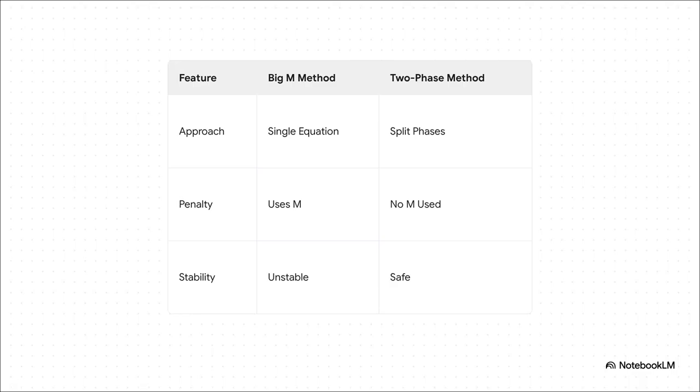Phase 1 focuses purely on the artificial, and Phase 2 focuses purely on the real. Now, what's really fascinating is that mathematically speaking, because these equivalencies are so incredibly strong, both methods generally have the exact same sequence of basic feasible solutions. They take roughly the same path to get to the end. But practically, in the real world, the two-phase method safely drops that dangerous M multiplier entirely, completely sidestepping the numerical instability that plagues modern computer software.